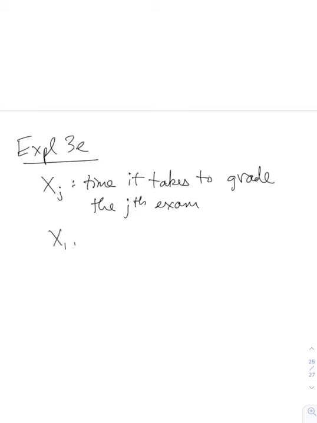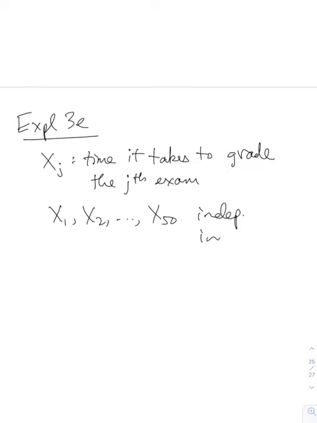And we have x1, x2, up to x50. They are independent, with a common distribution. So they're also identically distributed.